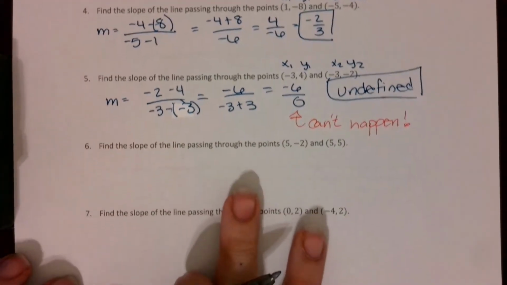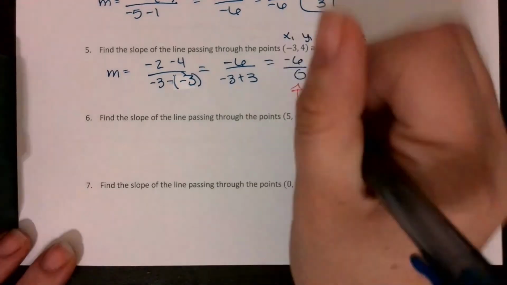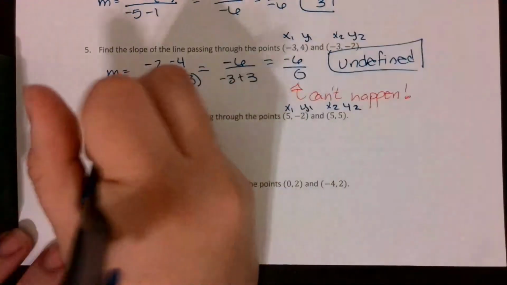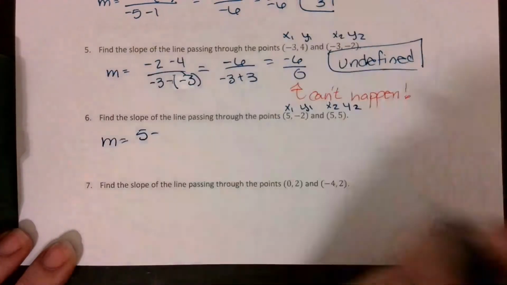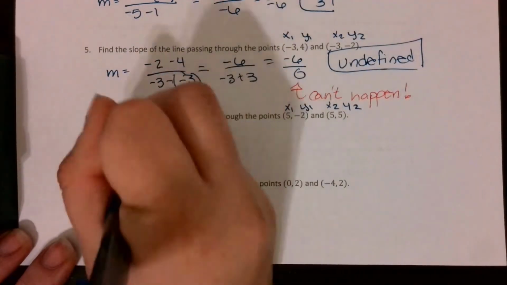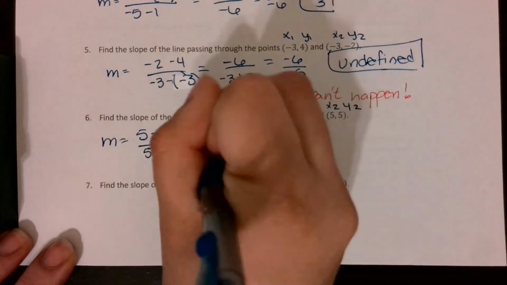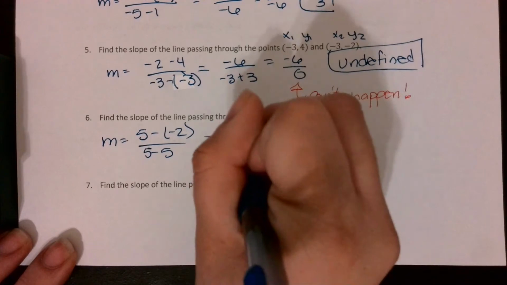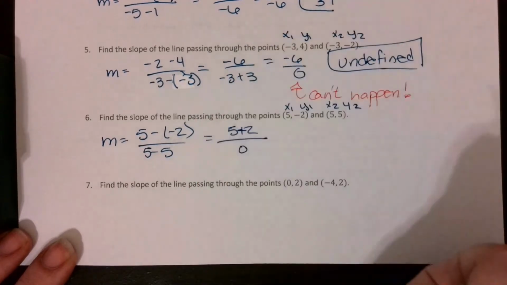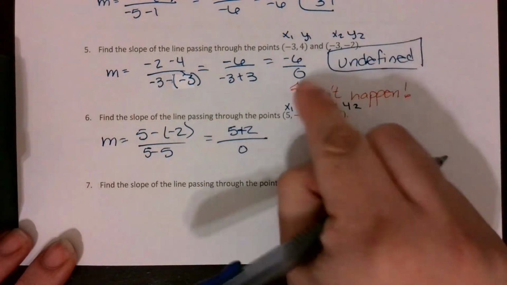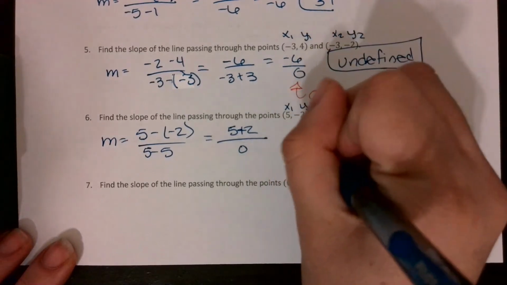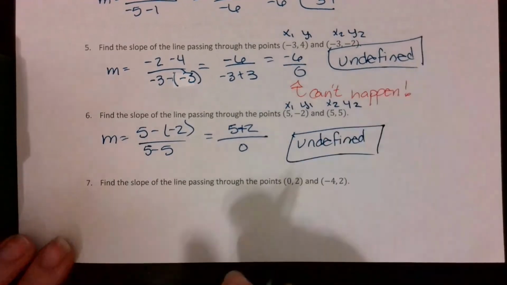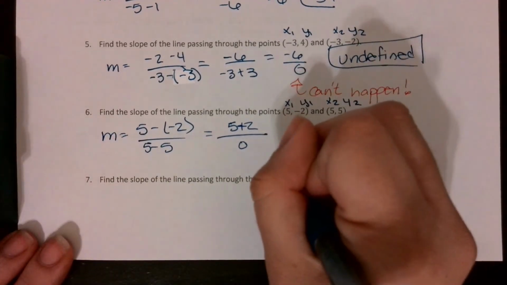Okay. Same thing for number 6, plugging in. So I get 5 plus 2 on the top and 0 on the bottom. Can't have 0 on the bottom, so this one is also undefined. Same thing for number 7.